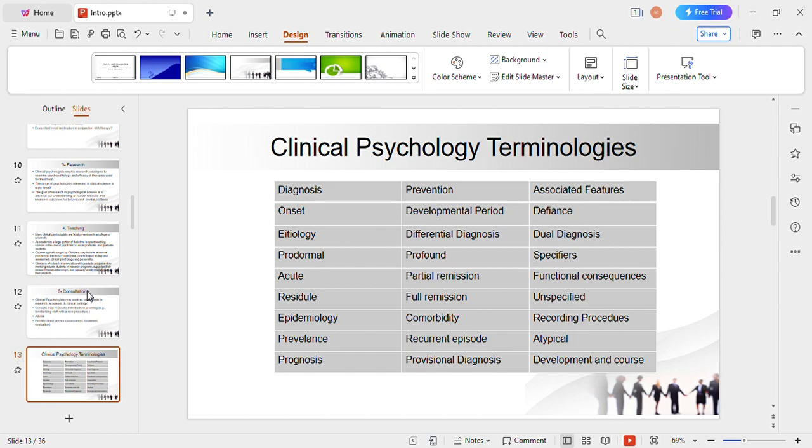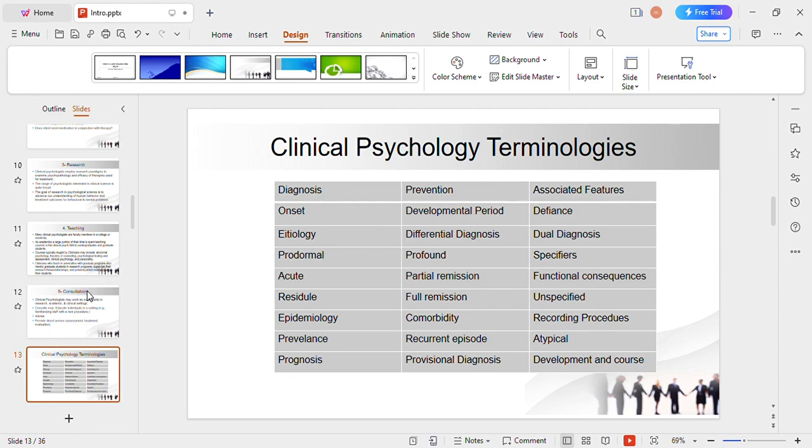Then the next one is dual diagnosis, and dual diagnosis means that two disorders are overlapping. For example, if a person is suffering from schizophrenia and also suffering from substance abuse disorder, we can give them a dual diagnosis because he is suffering from two disorders at the same time. And the next one is specifier, and specifiers are a brief description which provides details about the type or specification of any disease.